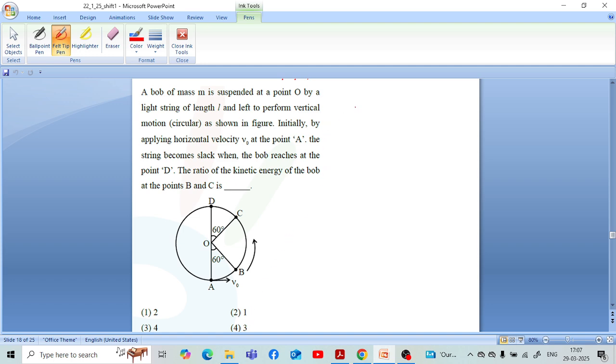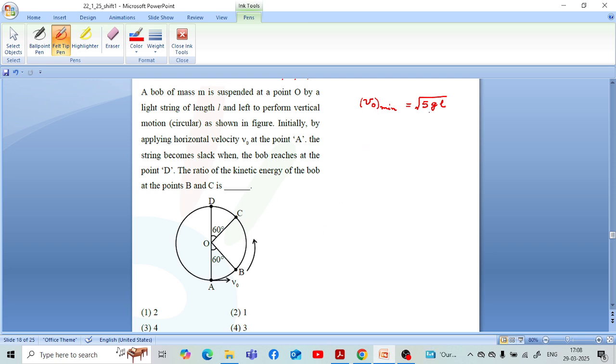So the problem is based on the topic of circular motion in the vertical direction. When there is circular motion in the vertical direction, there is the effect of gravity also, and we know that the minimum velocity required at the bottommost point, so that the particle just completes the circle, is given by square root of 5gL, where L is the length of the string.